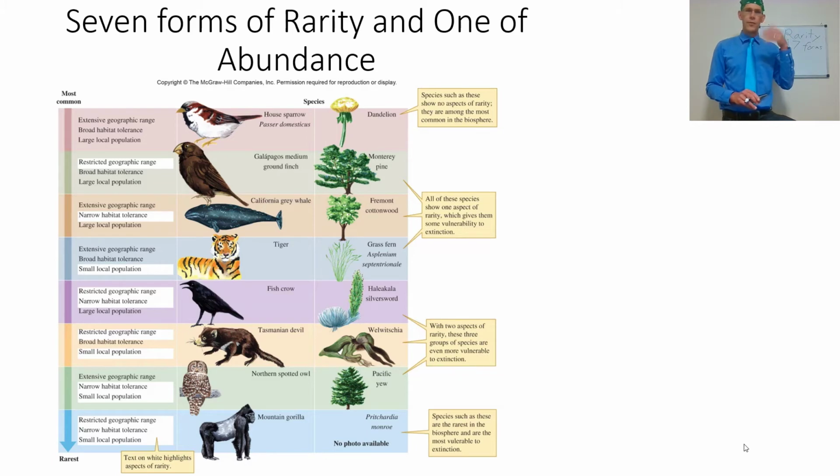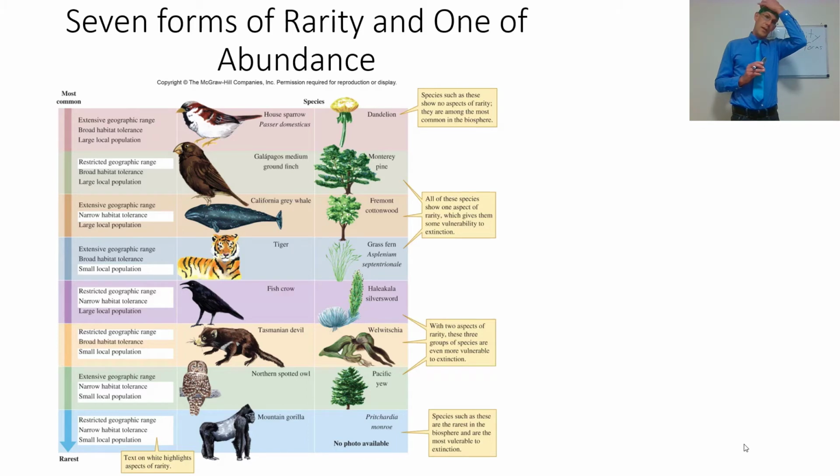Either a broad habitat tolerance or a narrow habitat tolerance. Either large local populations or very small local populations. So we've got 3 things and 2 possibilities for each, that's 2 to the third, so there are 8 possible outcomes.